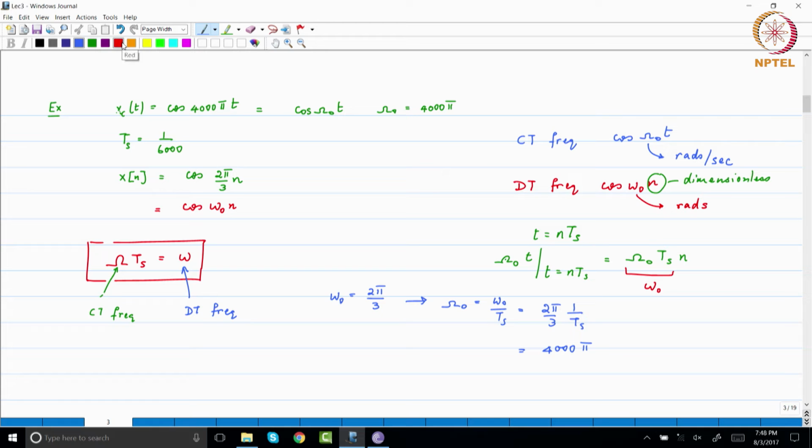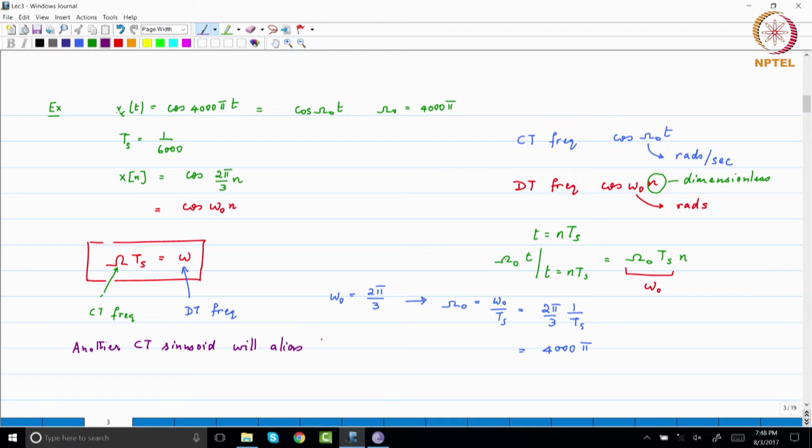Okay. Now, one more addendum to the thing that we had discussed in the last class. Another continuous time frequency, another CT sinusoid, that will alias to the same one. Okay, the 4000 pi is what gives you cosine 2 pi by 3 n.